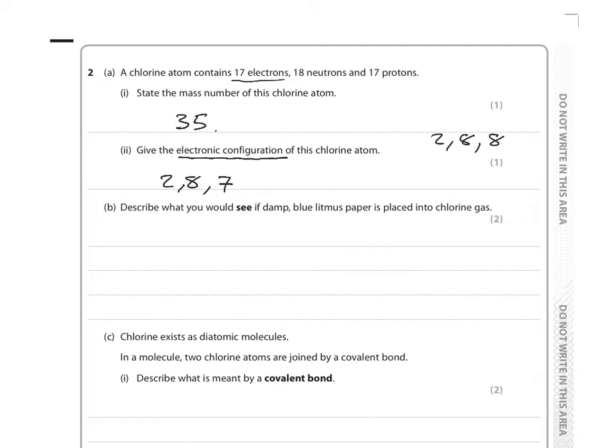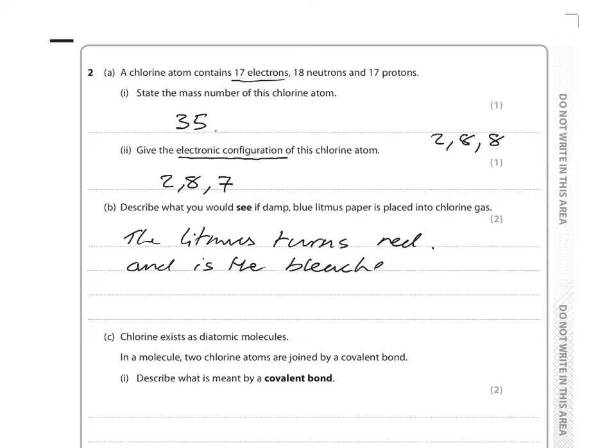Add damp blue litmus paper, and the blue litmus paper turns red and is then bleached. So the litmus turns red for 1 mark and is then bleached. If you put turns white, that would be fine, but the 2 marks for saying that it turns red and that is then bleached.